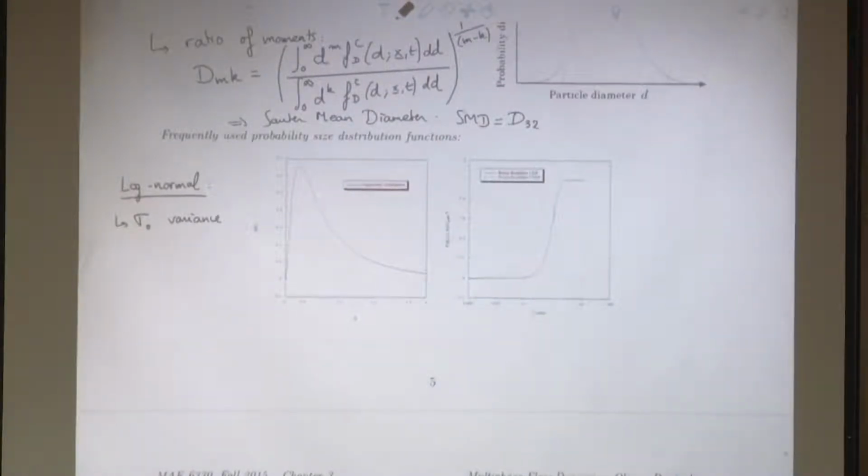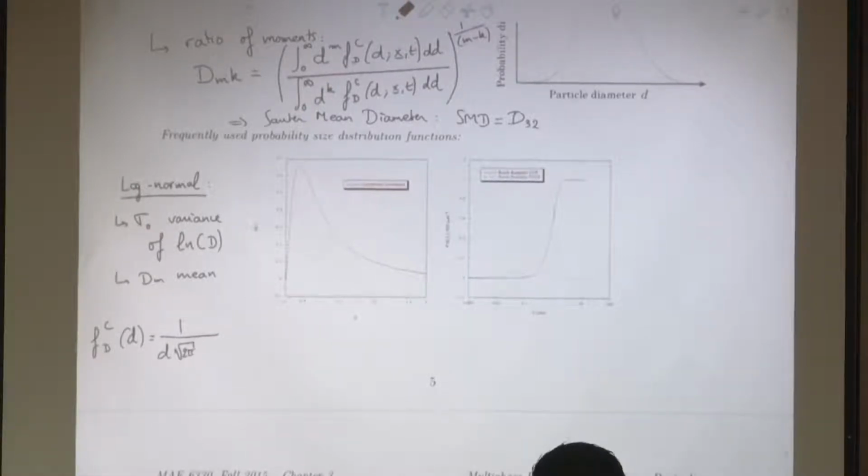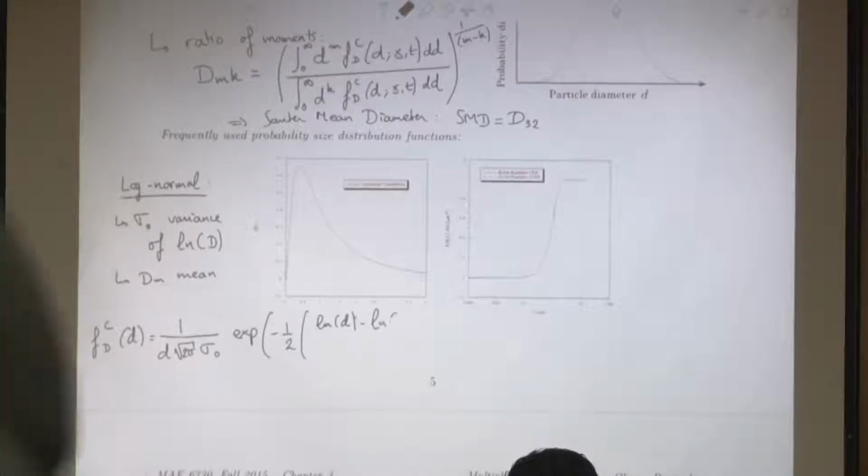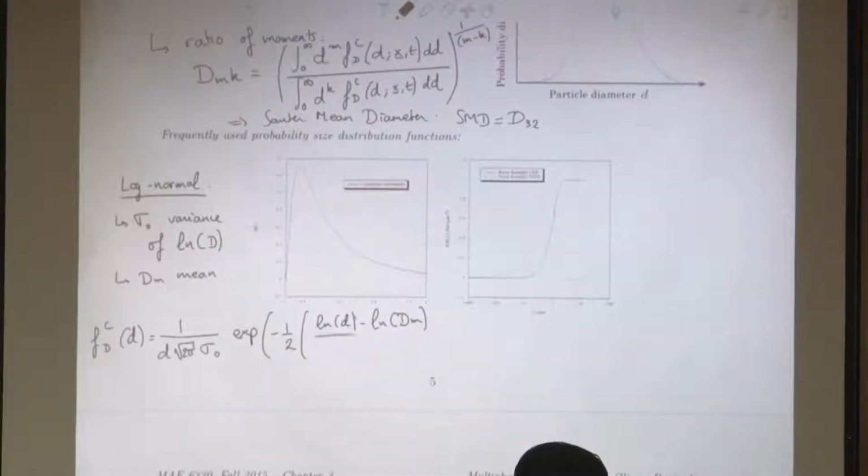So if you gave yourself a variance of the log of d, and you give yourself a mean, that gives you something like this.